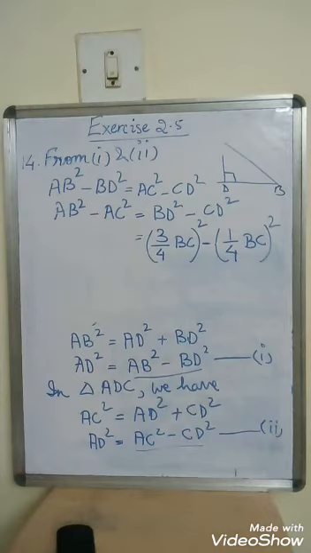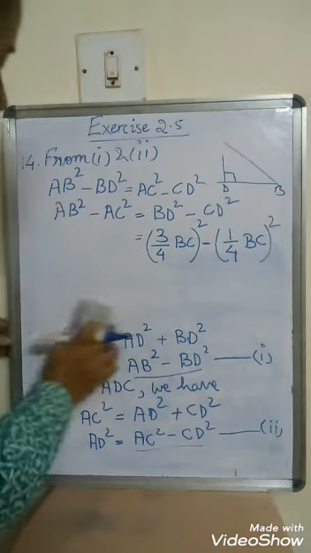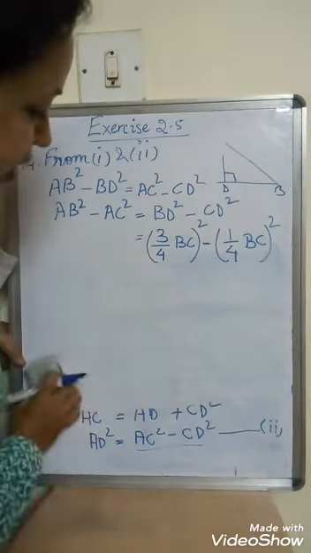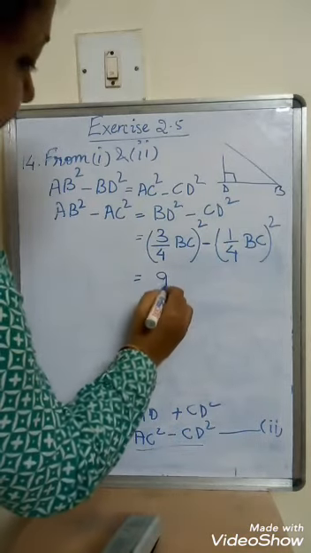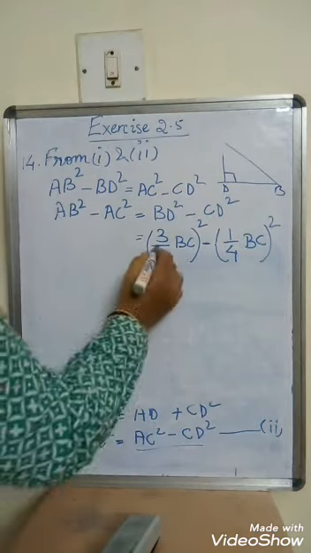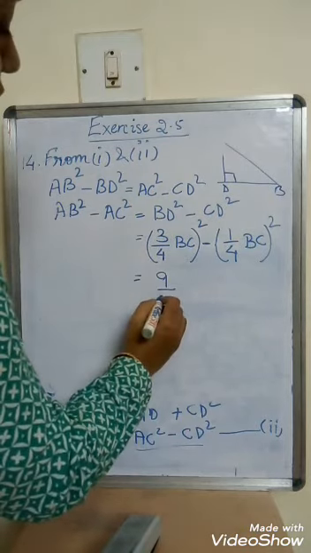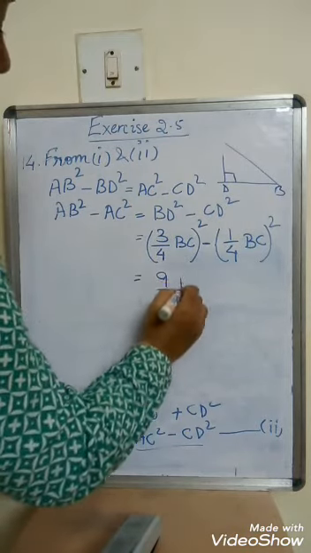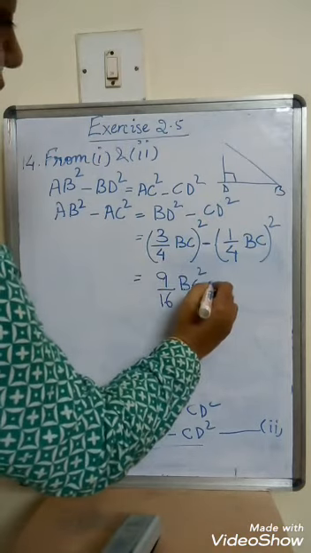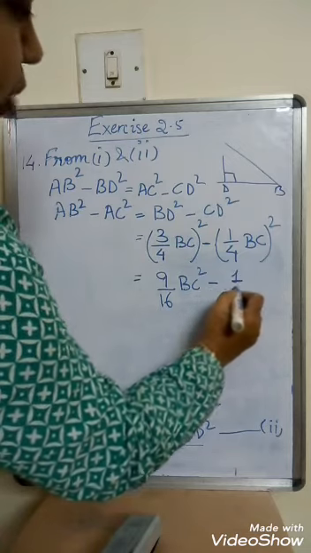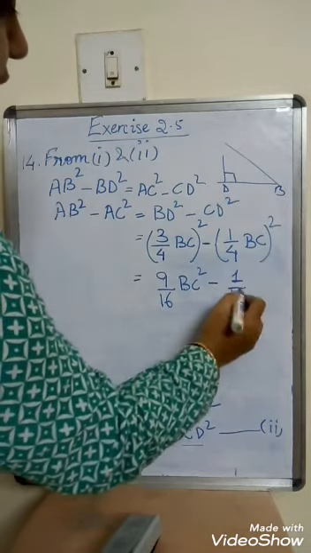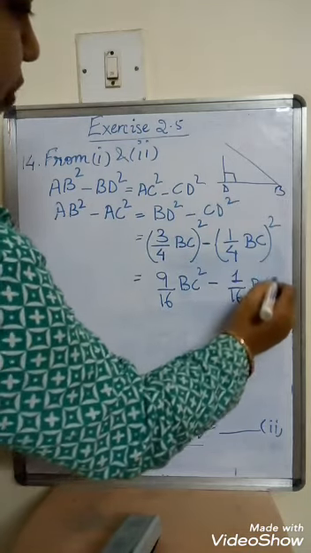Now when we solve this, we get 3 square, which is 9, and 4 square, which is 16. So 9 by 16 BC square, right? And here 1 square is 1 and 4 4s are 16, so 1 by 16 BC square.